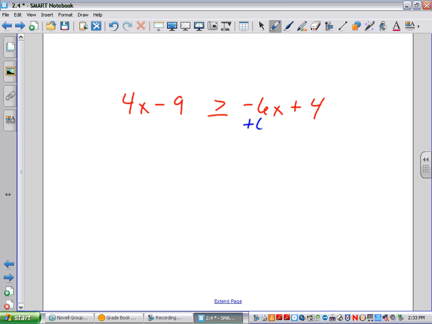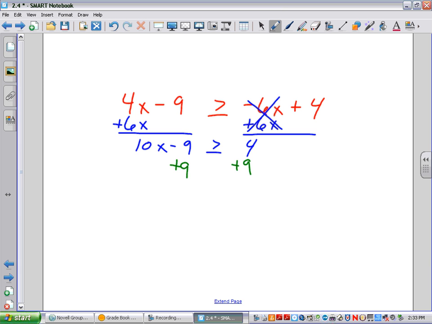I would start off by adding 6x. That would give me 10x minus 9. Greater than or equal to, mark that out, 4. Then I would add 9. Mark those out.